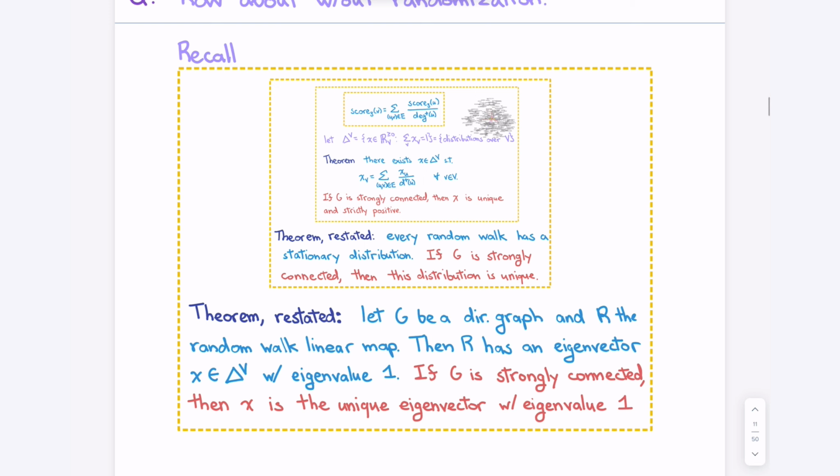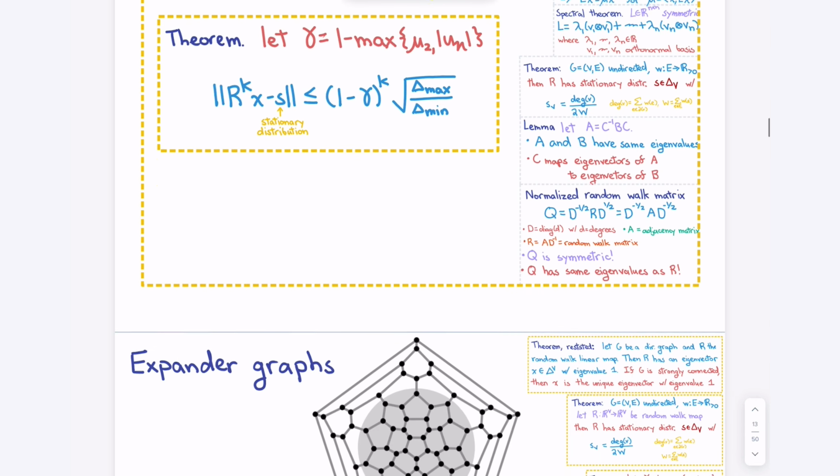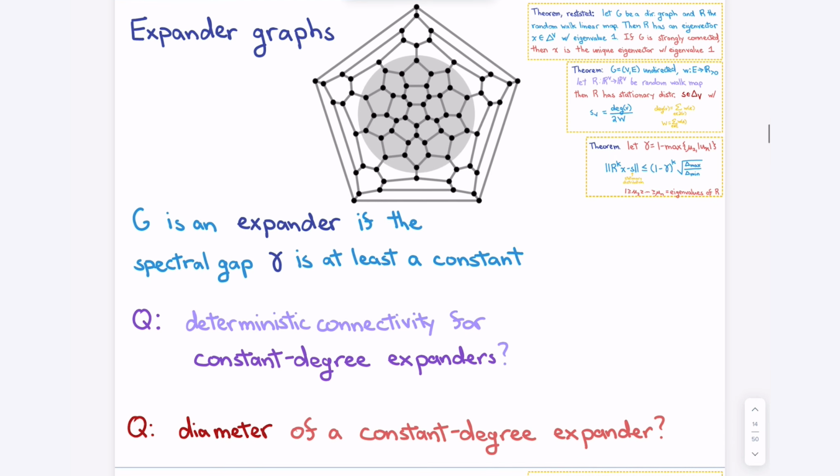So what's the point? Okay, so the high-level approach we're trying to take is inspired by just looking at expander graphs. An expander graph is one where the spectral gap is some constant, which means it'll approach the stationary distribution very fast. In particular, we're interested in constant degree expander graphs.